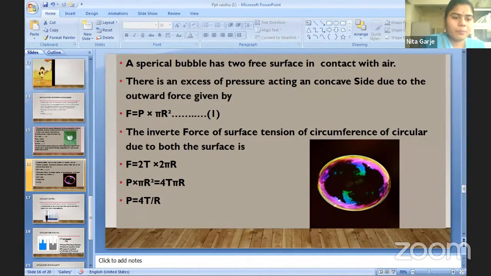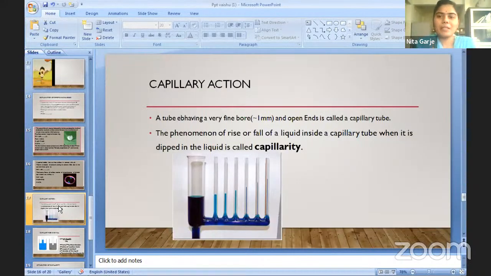And the next one is capillary action. We have seen capillary action in nature, and we have seen water rise up to the topmost of the leaves. And what is a capillary tube?